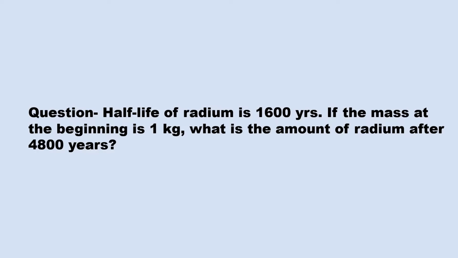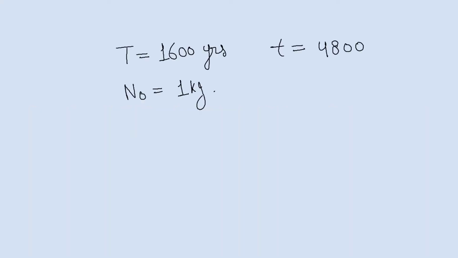You need to do the same thing as we did in the last question: find the number of half-lives it will pass through in this time interval of 4,800 years, and then do the calculation. The initial value of the radium is given to you, 1 kilogram.